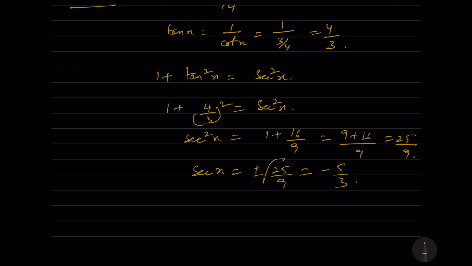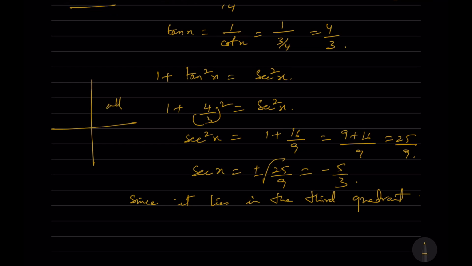Now next, since it lies in the third quadrant, since you can see from this, all silver tea cups, so this is Q1, Q2, Q3 and Q4.